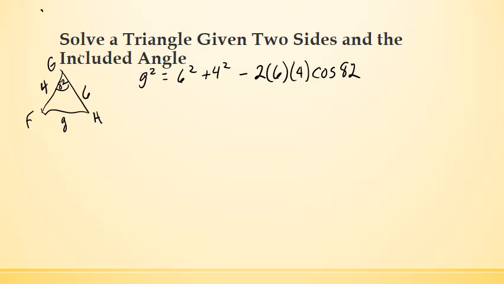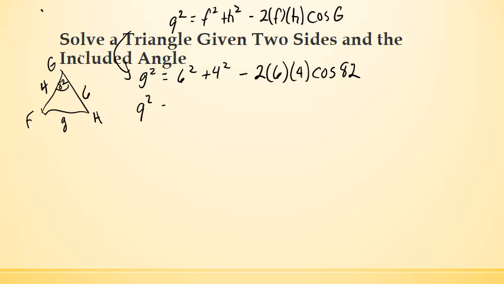Let me write up here at the top the formula in its generic form using F, G, and H. So we'd have G squared equals F squared plus H squared minus 2 times F times H times the cosine of G. And you can see right down here I substituted in the values that we know.